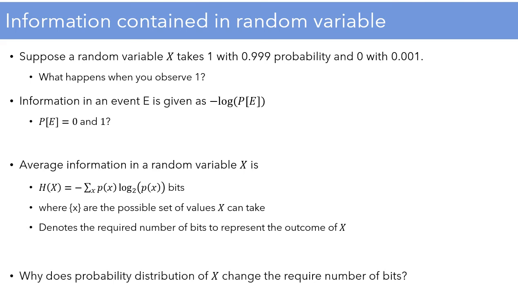So the question arises: why does the probability distribution of x change the required number of bits? If x takes 8 values, then probably we need 3 bits. So how does a specific probability distribution of x change the required number of bits?